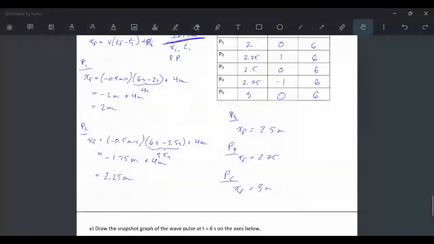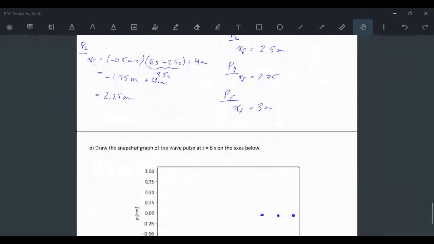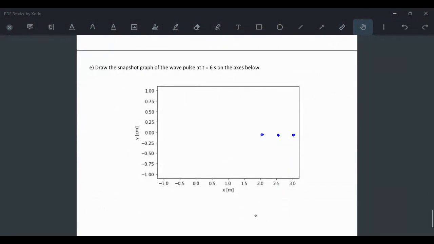I drew all the zeros first because they're easy and they're in a line. We had the crest at y equals 1, x equals 2.25. So 1's up here, 2.25's kind of in the middle, and that leaves, by process of elimination, the deepest trough there. You can see that all the action was happening between 2 and 3, so the scale is a little bit inconvenient.